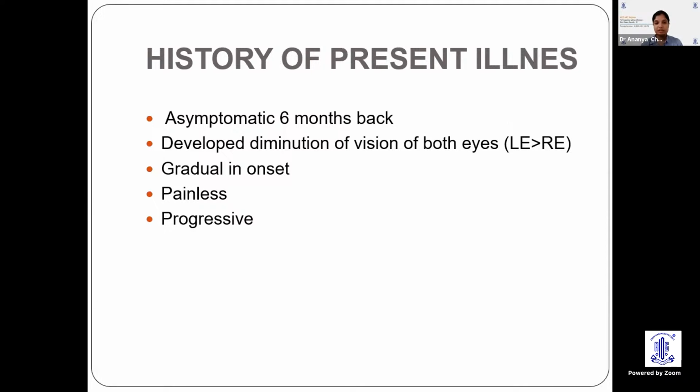She was apparently asymptomatic 6 months back when she started developing diminution of vision of both eyes, left eye more than right eye, which was gradual in onset, painless, and progressive in nature. Initially, she was able to see objects all around, but the vision gradually diminished, and since the last 1 month, she was able to see objects only at 2 to 3 meters distance.